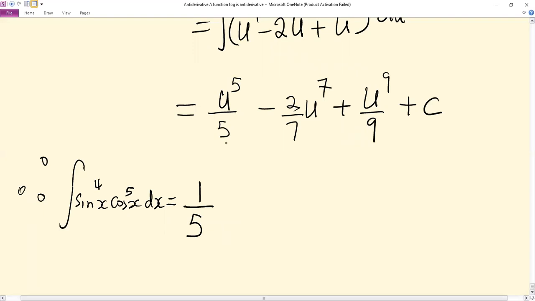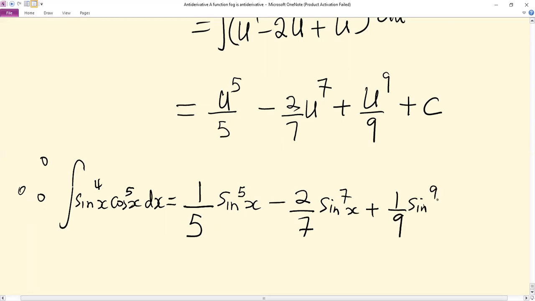Now u in this question was sine x, so it will be sine power 5x minus 2 over 7 sine power 7x plus 1 over 9 sine power 9x plus the constant of integration c. That is how we solve those two problems. Thank you.